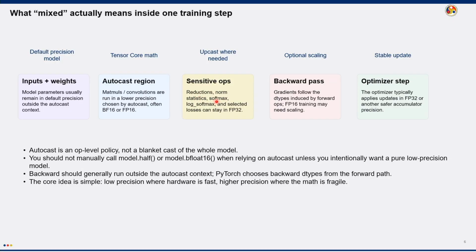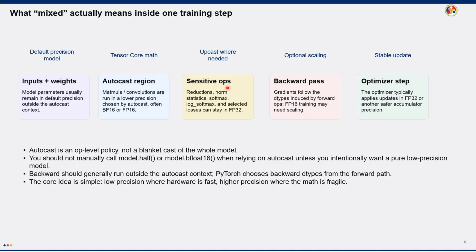So the reductions, normalization statistics, softmax or any softmax activation function, and the loss will stay in FP32. These are the sensitive operations which decide the performance and quality of the training process.